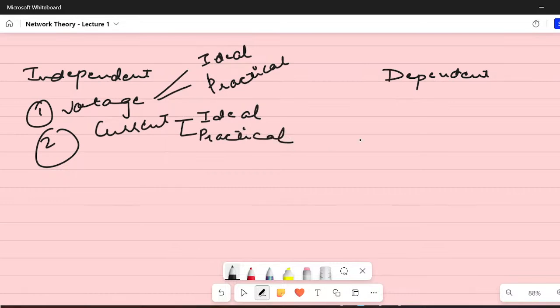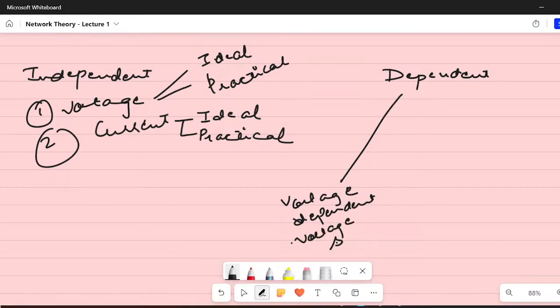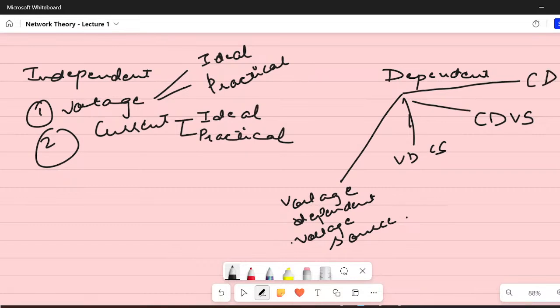Now, dependent sources would be of different kinds. What are the different kinds of dependent sources? Voltage dependent voltage source, then voltage dependent current source, then current dependent voltage source, and something called a current dependent current source.